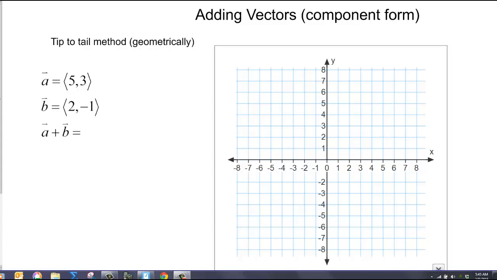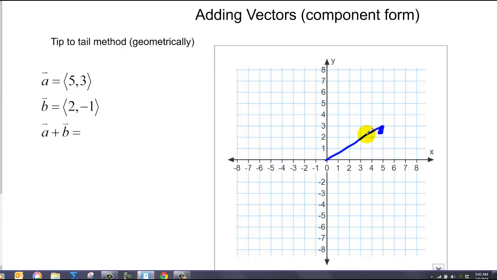So if I take a vector 5, 3 in rectangular form, I'm going to start on my coordinate axis and find the point 5, 3, put a little dot there, and then draw my vector going from the origin to that point. Now, we add vectors using what's called a tip-to-tail method.